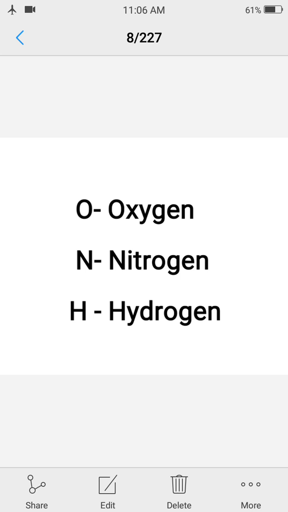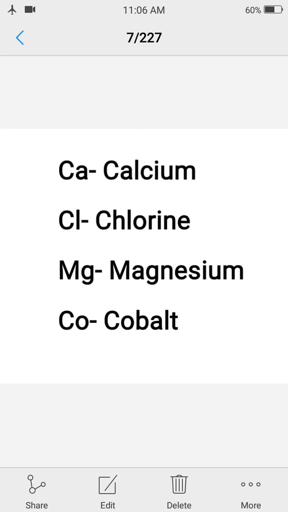For example, O for oxygen, N for nitrogen, H for hydrogen, etc. Sometimes it is represented by two letters in which the first letter should be capital and the second letter should be small. Here you can see Ca is the symbol for calcium, Cl is the symbol of chlorine, Mg is the symbol of magnesium, Co is the symbol of cobalt.